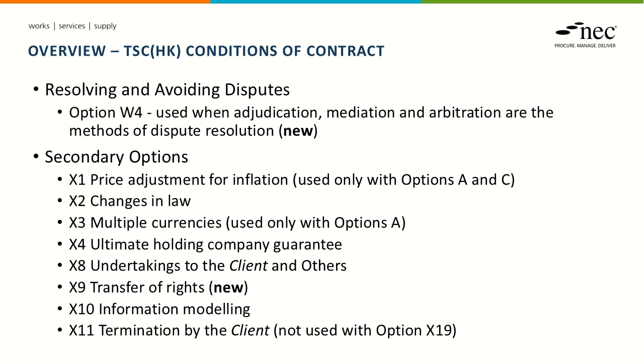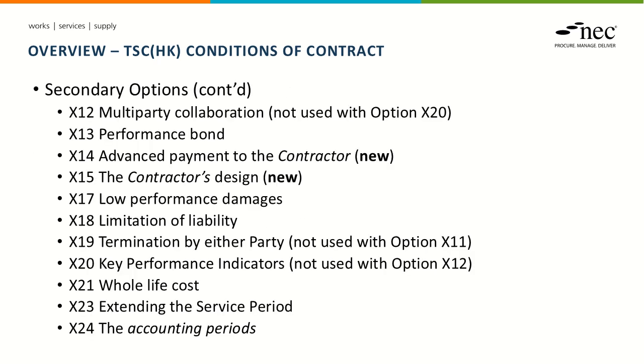In terms of secondary option clauses, X9 is a new clause that's been introduced. This is to do with the transfer of rights in design material. X14, advance payment to the contractor, has been brought into the TSC Hong Kong edition. And X15 is to do with liabilities and issues where the contractor is doing design. We'll talk in a little more detail about those new secondary option clauses in a minute.